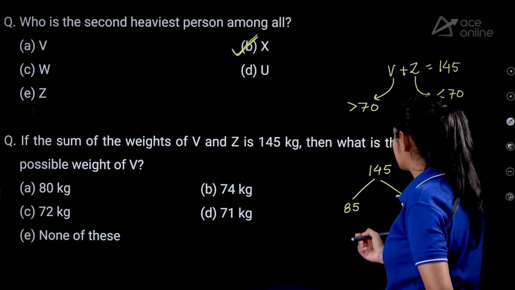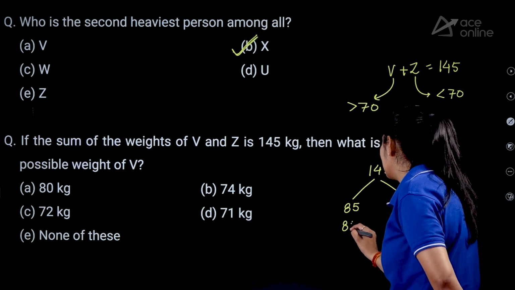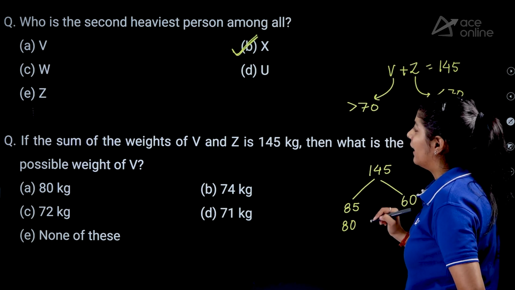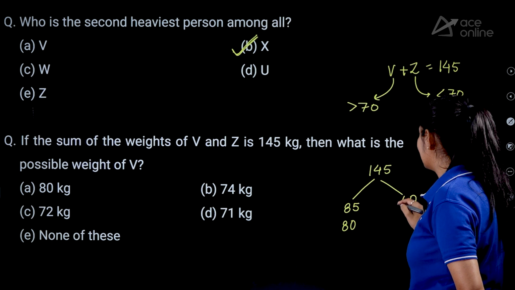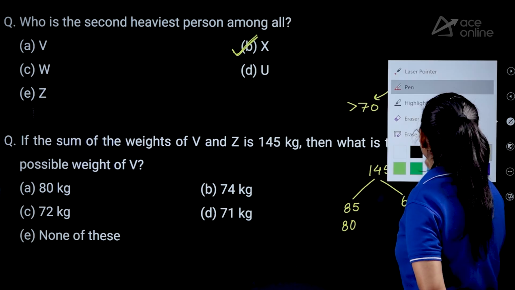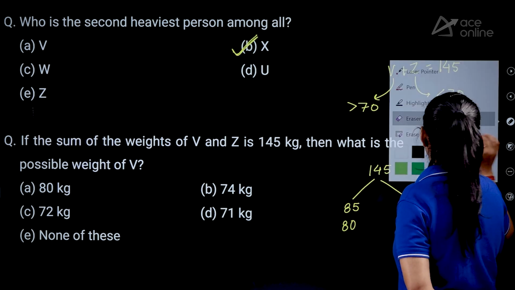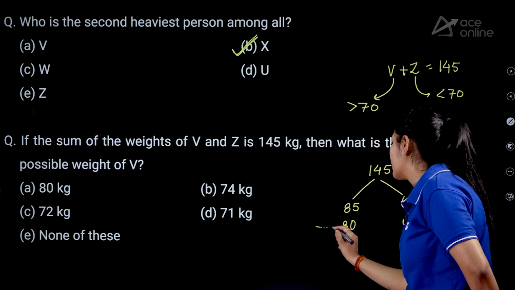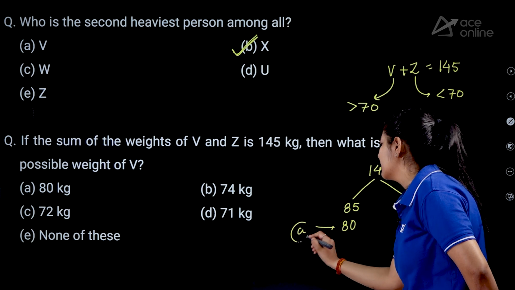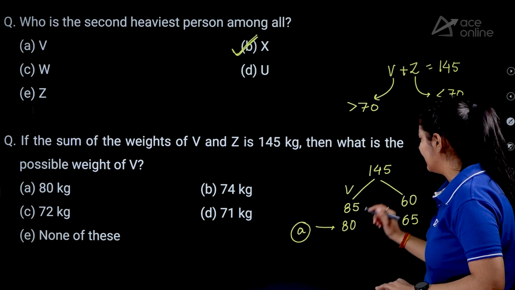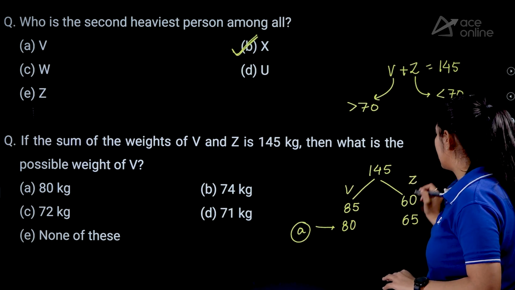So that is not present in the options. So if I take like 80 over here, in that particular case, here I am getting 65. According to our option number A, if we assume the weight of V as 80, then we are getting the weight of Z as 65.